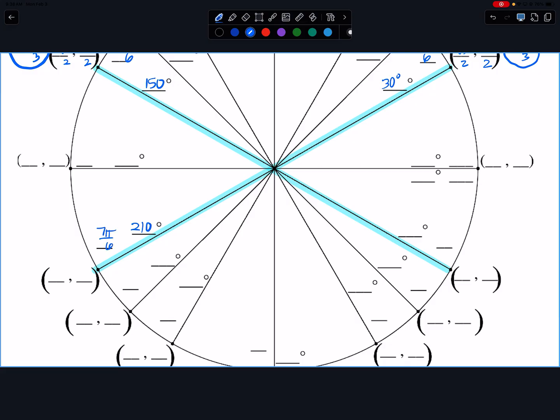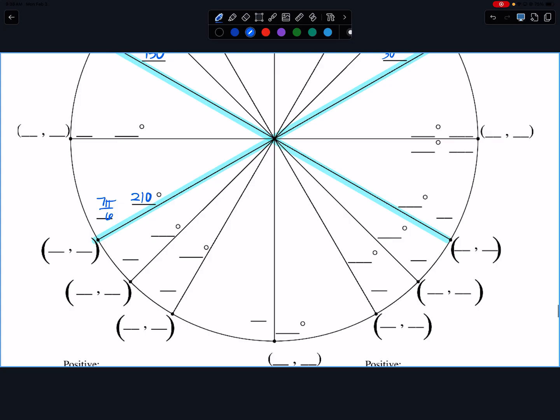So same numbers, but what do we know about numbers in quadrant 3? They're both negative. So it's going to be negative root 3 over 2, comma, negative 1/2. And then tangent is y over x, but a negative divided by a negative gives me a positive. Okay.